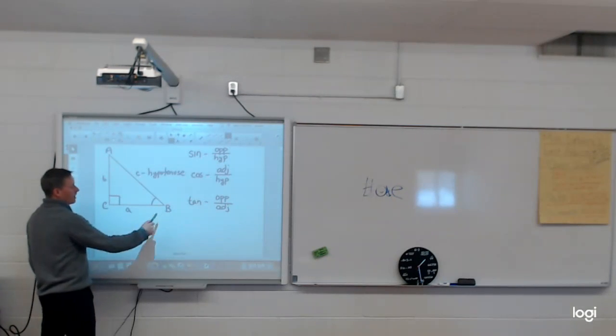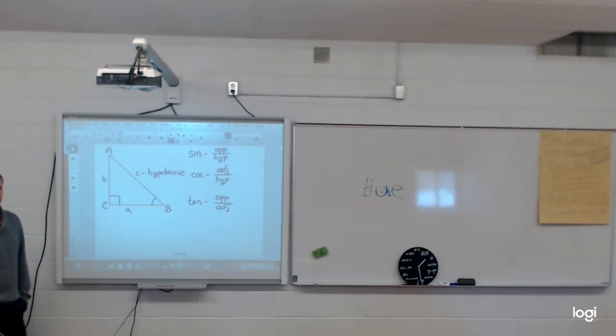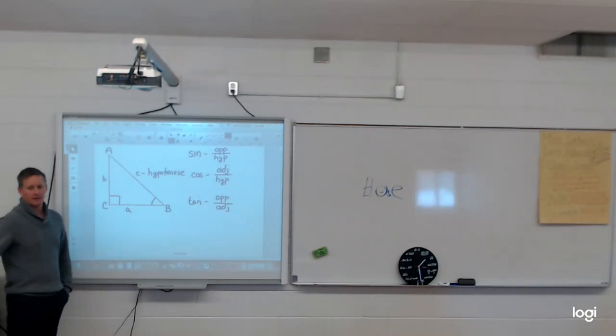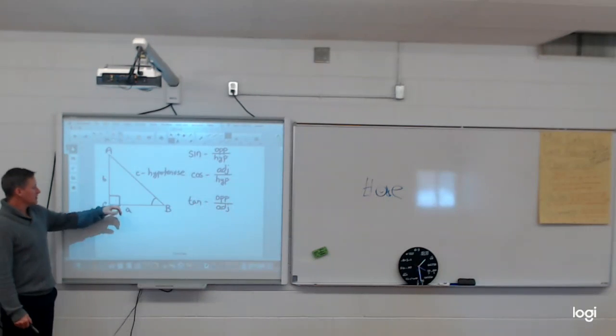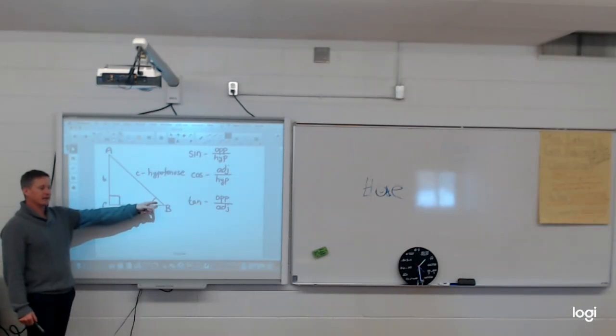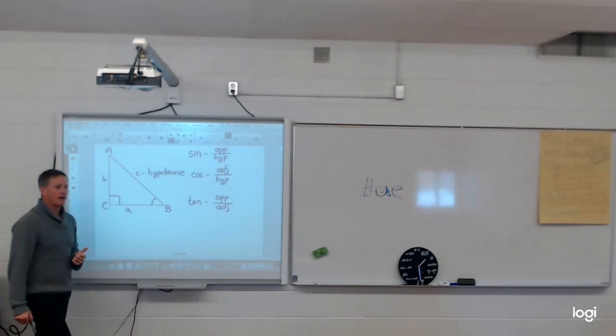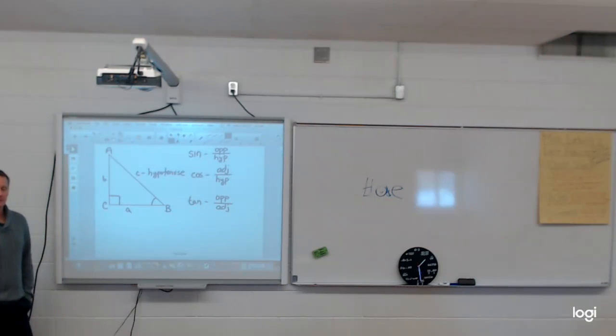What side is opposite angle B? B. What side is adjacent to angle B? A. So when I compare those lengths, I'm going to use my tan function and I'm going to get my angle right there. We'll talk about how to do it all. Just this I need down pat first.